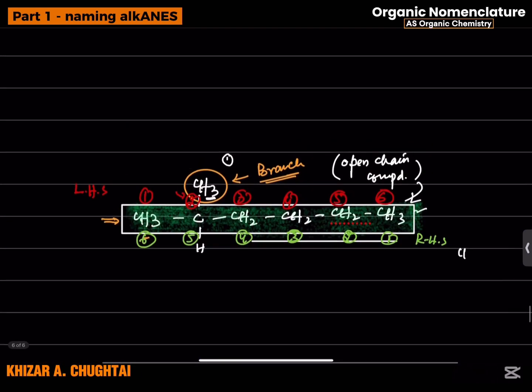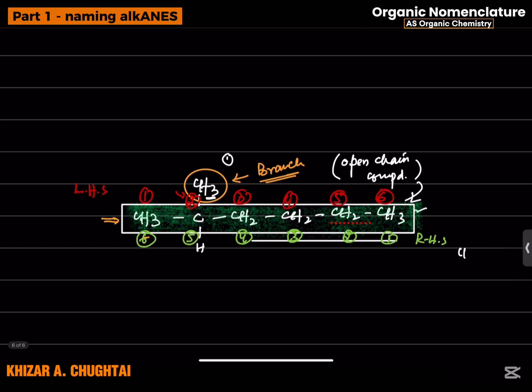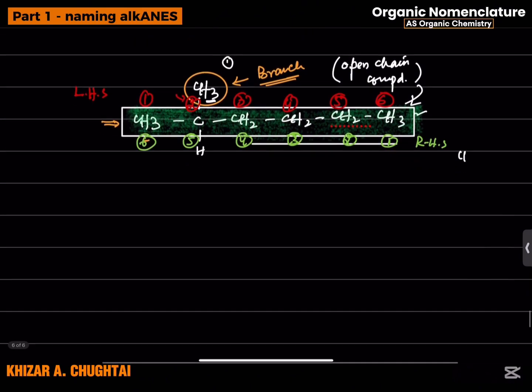In this case, there is a branch, there is no cyclo, there is the longest chain, and there is no functional group. So 1, 2, 3 overall portions are in this case. First of all, the branch. You will write the number and name of the branch.